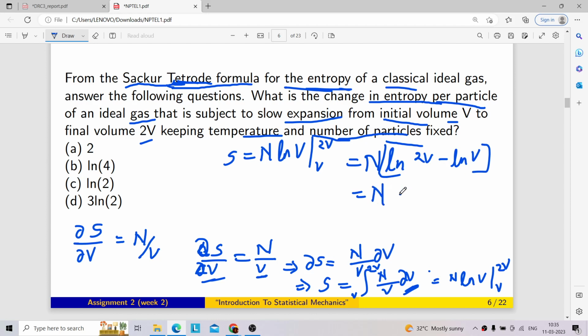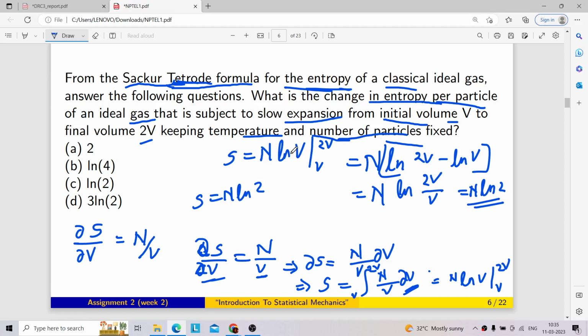This is N ln of 2V minus ln of V, or N ln of 2V by V. This is equal to N ln 2. So we have S as N ln 2.